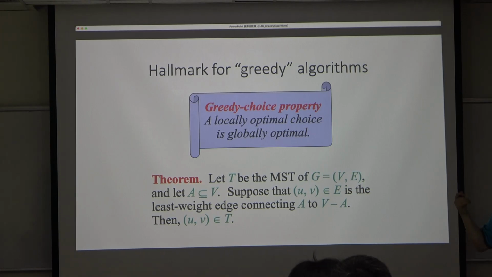One is A, one is V minus A. So of course the union will be the set V, right? So in between these two sets, there must be some edges connecting these two sets, right? That's what I'm talking about, right?